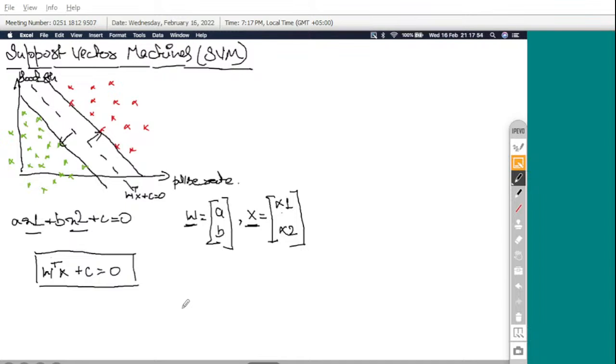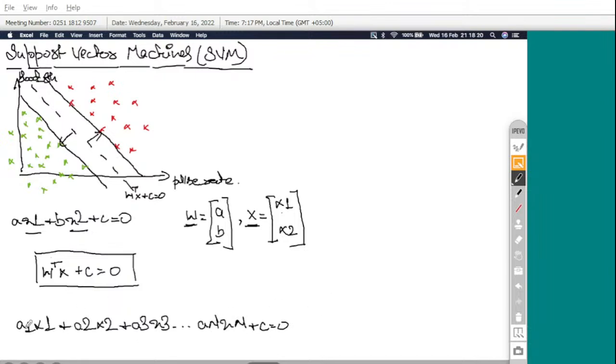Now suppose there is an equation of a hyperplane in multiple dimensions. I would say a1 x1 plus a2 x2 plus a3 x3 and so on up to an xn plus c equals to 0. That is also an equation of a hyperplane in multiple dimensions.